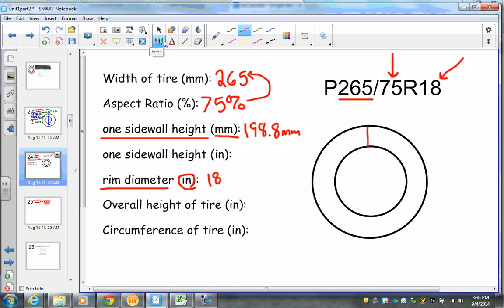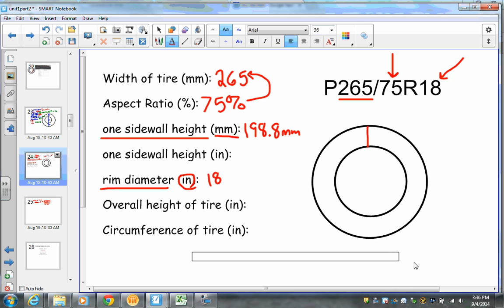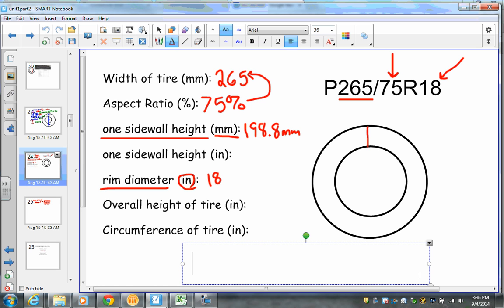The way I do that is by using this little ratio: 1 inch is equal to 25.4 millimeters.